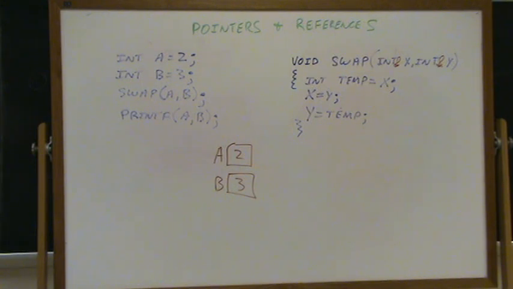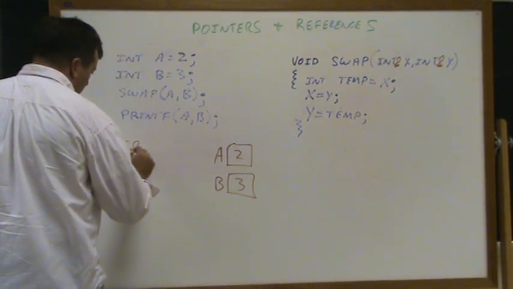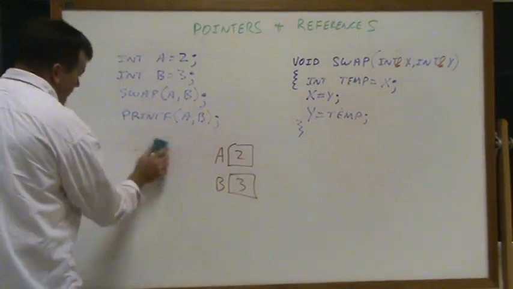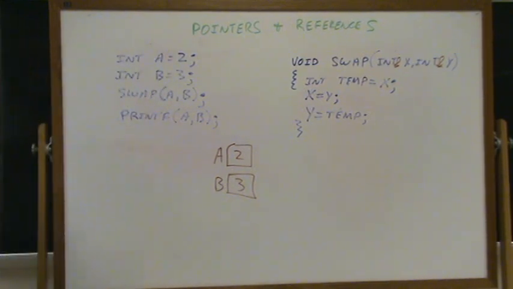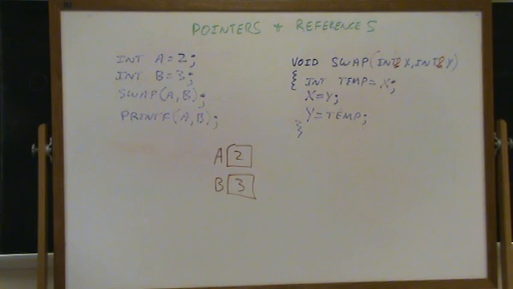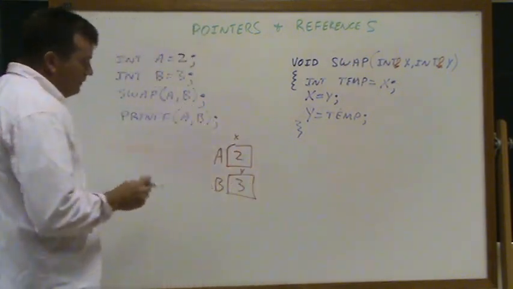So like for example, we had before a reference, R, that was equal to some already existing variable. So we could do the same thing here. We could actually pass in pointers, objects being pointed at, or we could pass in fields just like this, A and B. So now X and Y would be another name for these fields.